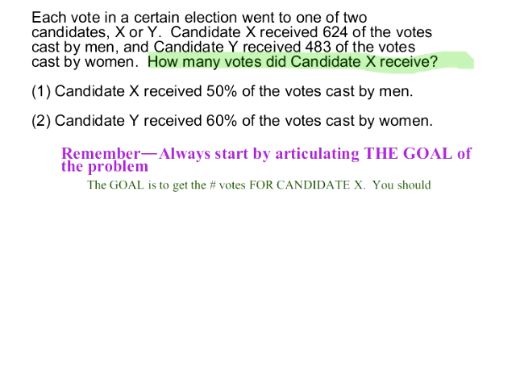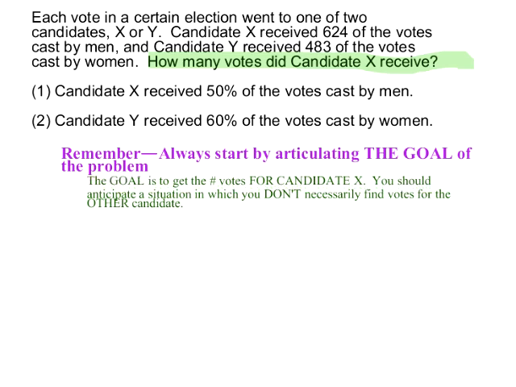So you should anticipate a situation in which you don't necessarily find votes for the other candidate. This is the whole point of data sufficiency, for you to understand focus and not focus. So you need to be looking for a focused answer. In other words, you should anticipate that you will find what you want and not necessarily find what you don't want.